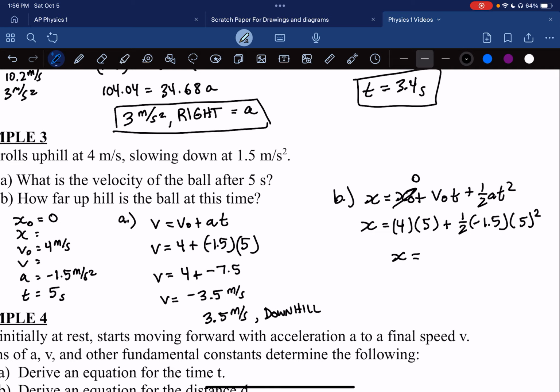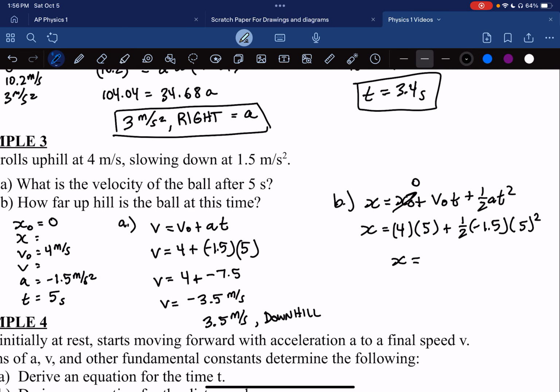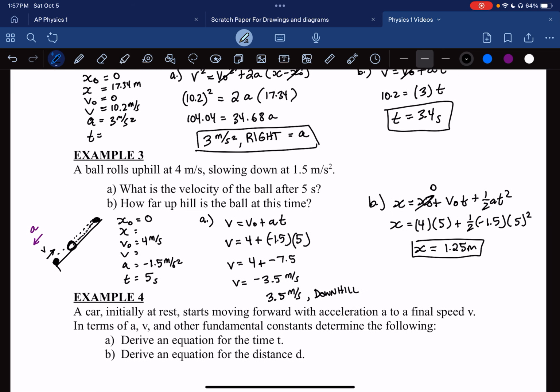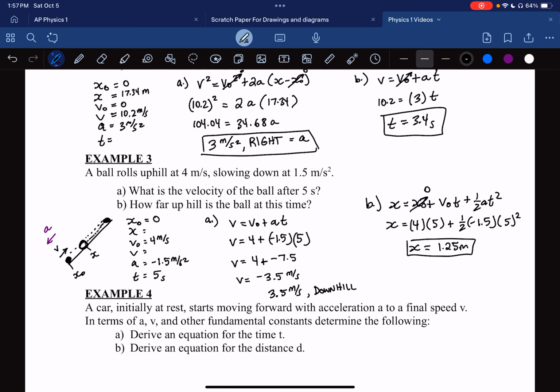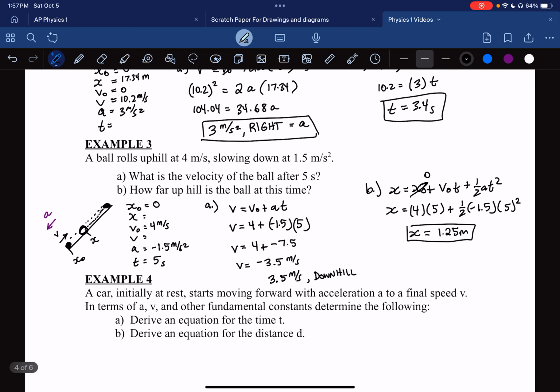So its position is 1.25 meters at that point. So this would be x, this would be x naught. And I forgot to write this here.